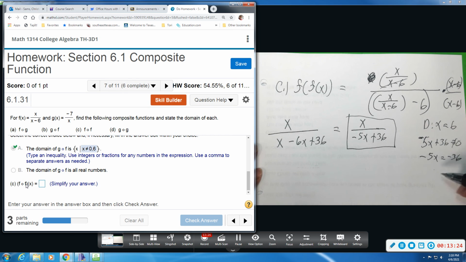Divide by negative 5, and you get x cannot be equal to 36 over 5. Okay, so we can leave it like this. So part of our domain is we cannot use 6, we cannot use 36 over 5.